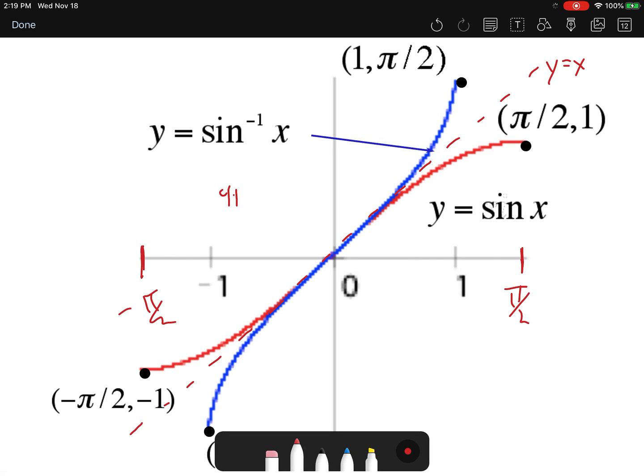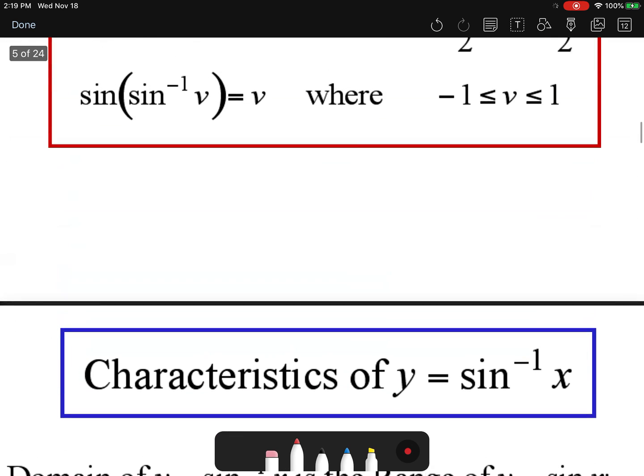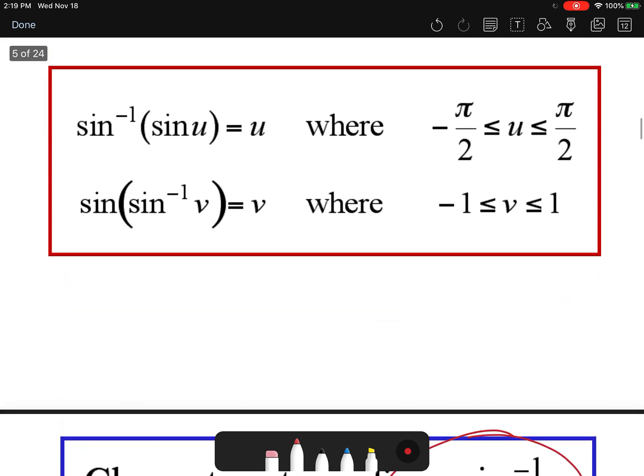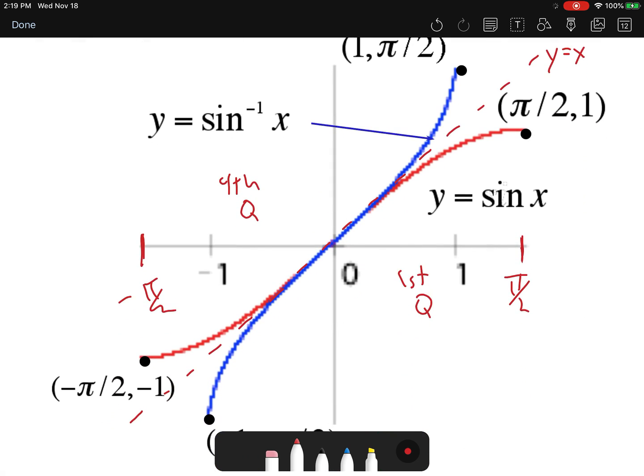Which means, guys, that's the fourth quadrant and the first quadrant on the unit circle. So inverse sine, and I skipped a lot here, all it means is this, and this is how you write it, okay? y equals inverse sine of x is how you read it. So all this means then is that we can only find the inverse sine of a number that corresponds to the angles between negative pi over 2 and positive pi over 2.